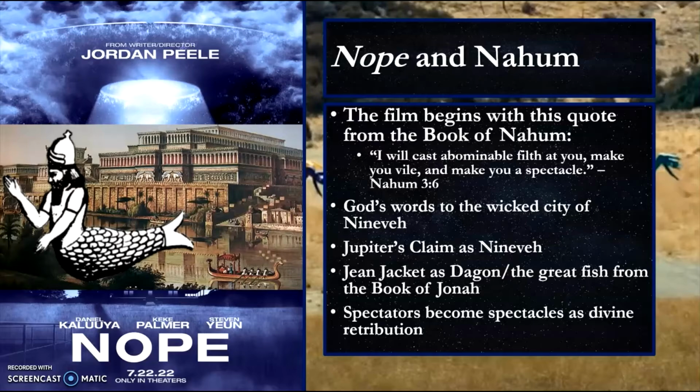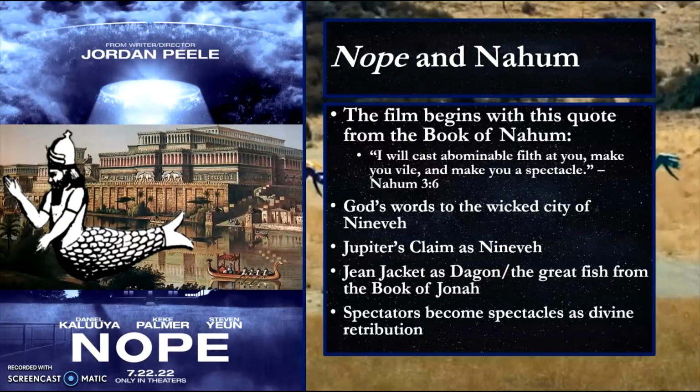And their transgression is making a spectacle out of Jean Jacket and exploiting Jean Jacket. And Jupe, definitely, he exploits Jean Jacket for profit. He commodifies Jean Jacket. He makes alien merch. He dresses up his kids as aliens. Jupe is definitely guilty for exploiting nature for his own selfish benefit, which the film is really speaking out against.